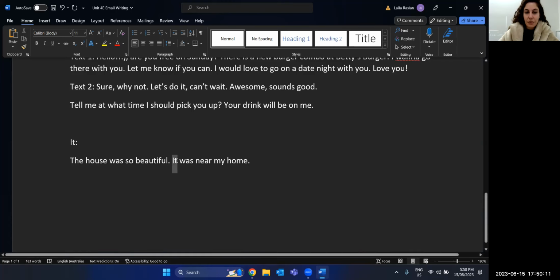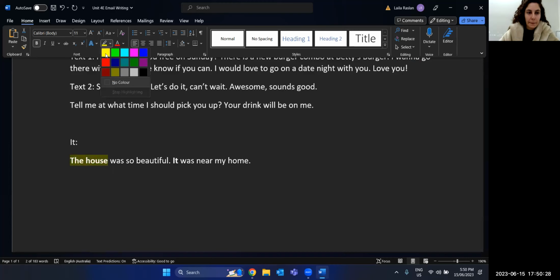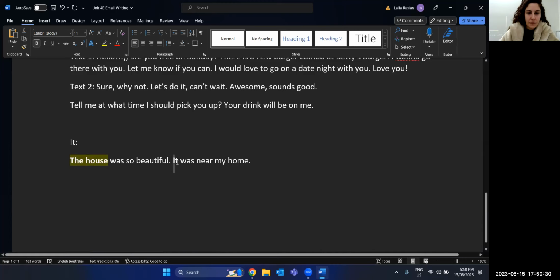So it refers back to the noun. This is the subject, the noun, that's the verb, and an adjective. So it is talking about the house. That's why we use it, so we don't repeat.